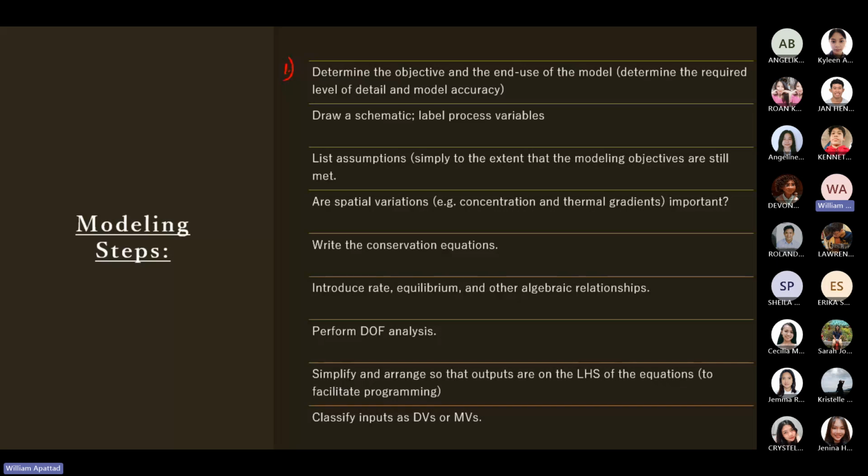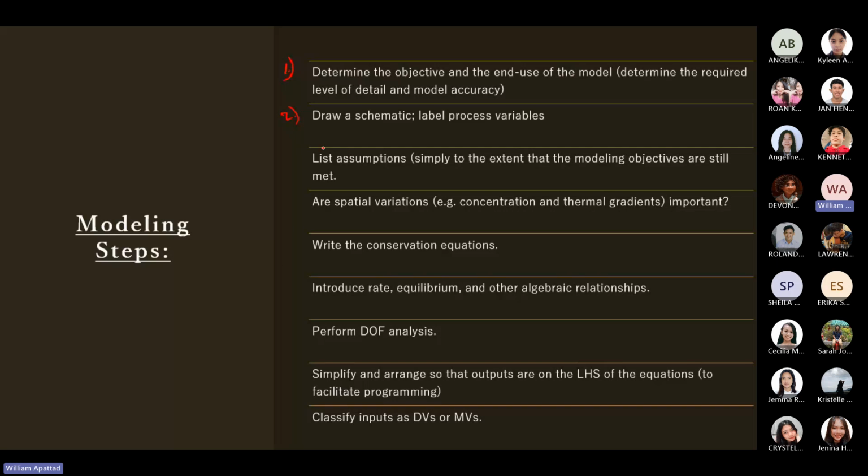Okay, for example, dun sa unang example natin na reactor, right? Ang control objective natin dun is to control the temperature. Okay? You need that data para malaman mo kung ano yung ilalagay mo at gagamitin mong conservation laws. Okay? Pangalawa, you need to draw a schematic and label the process variables.